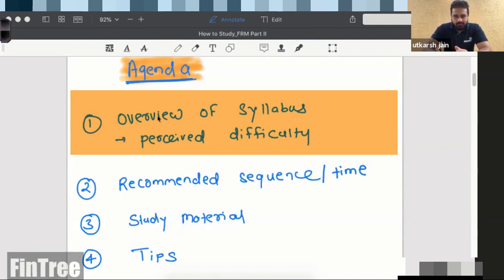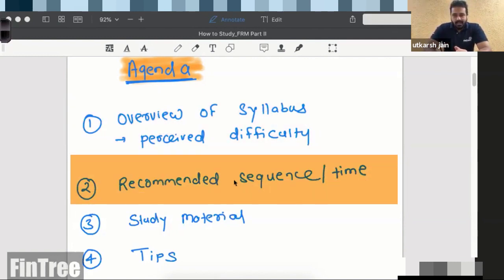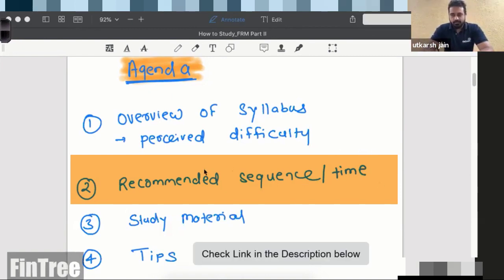So we'll have some discussion on the syllabus. Then I'll discuss a good sequence in terms of which subject to do first, which subject to do second. I've also prepared a timetable for you. I've taken a window of 4 months and tried to put my recommended sequence into a schedule. I'll be sharing that with you.